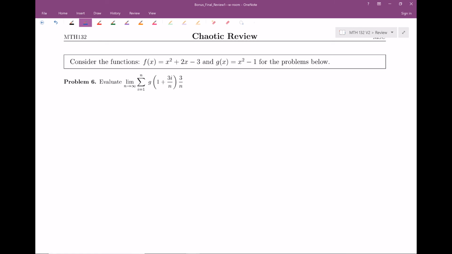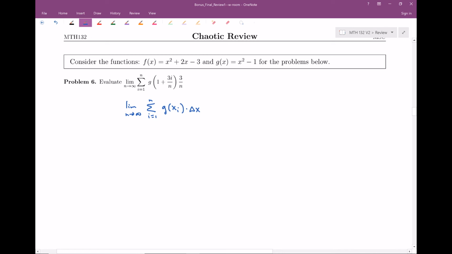So let's take it in that direction, because we can calculate definite integrals quite quickly. I would like to rewrite this: the limit as n goes to infinity, summing from i equals 1 to n, and I'm hoping that this is some g of x sub i times a delta x, a height of a rectangle times a width of a rectangle.